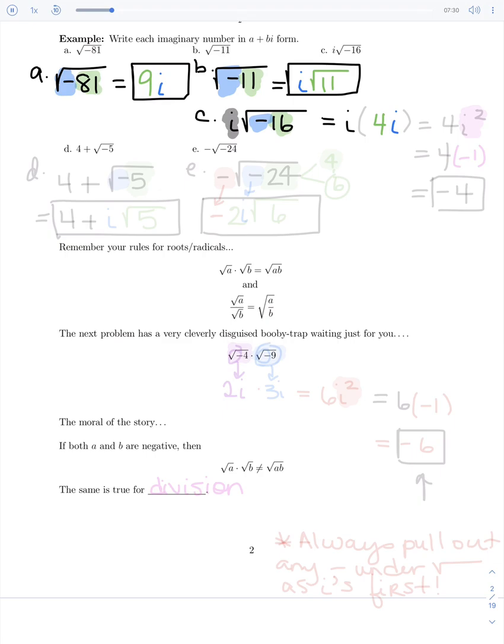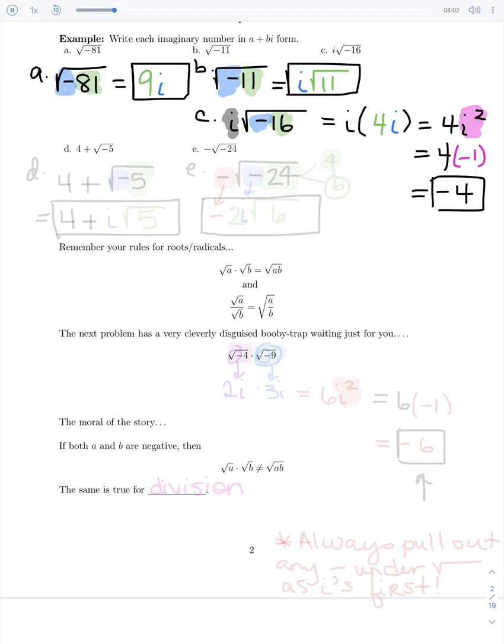So that gives us that we've actually got an i times a 4i, which will get us 4i squared. And we just talked about this a second ago, that i squared can get replaced with a negative 1. So we'll replace that i squared with a negative 1. So that means I've got 4 times negative 1, which is negative 4, and that's my final answer for C.